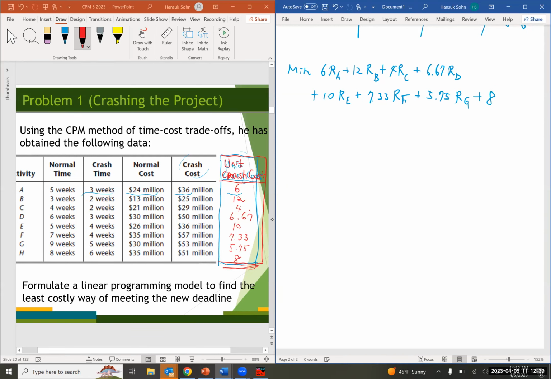And 8 times RH. That's our objective function.